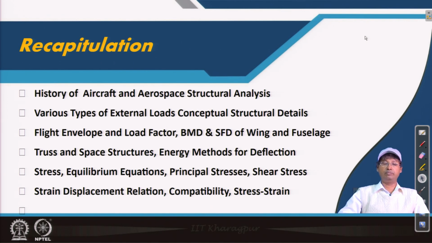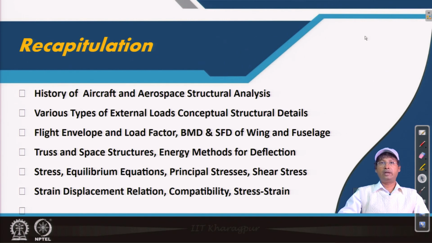Definitely for an aerobatic aircraft or a fighter aircraft, the g experienced is much more than an agricultural aircraft or a civil aviation aircraft or maybe a glider. So, keeping in mind those difficult maneuvers and experience of g, a flight envelope is generally prepared, and that flight envelope guides us for the design.